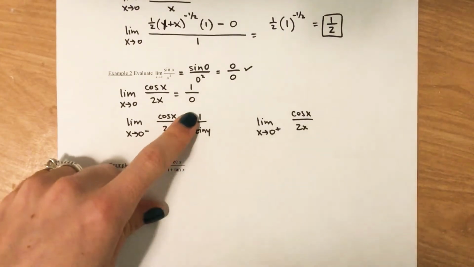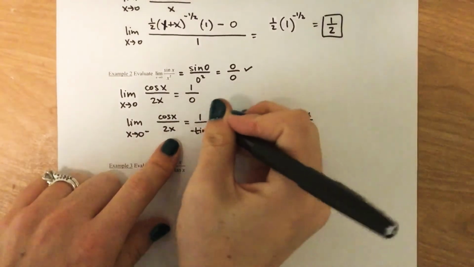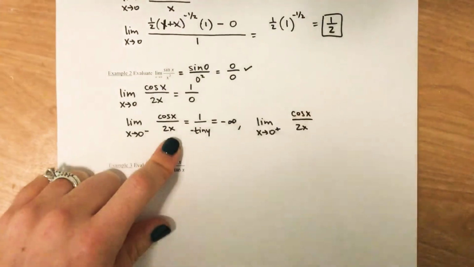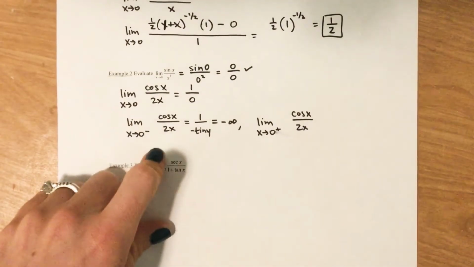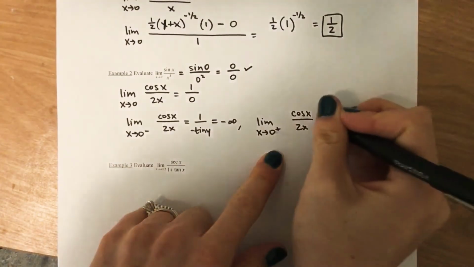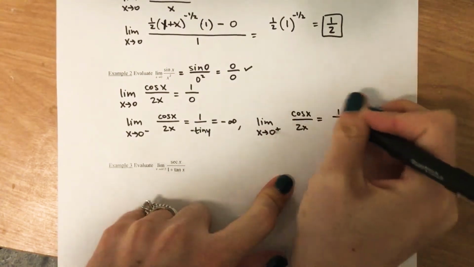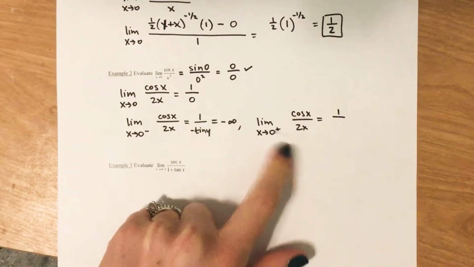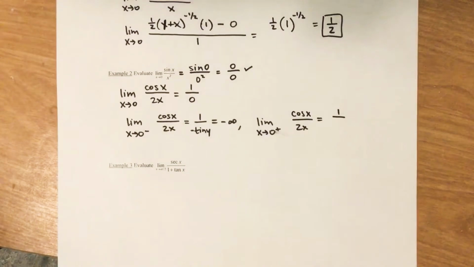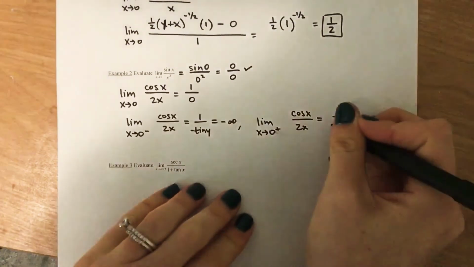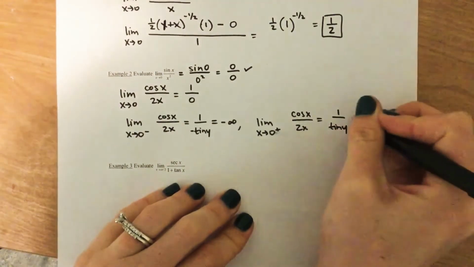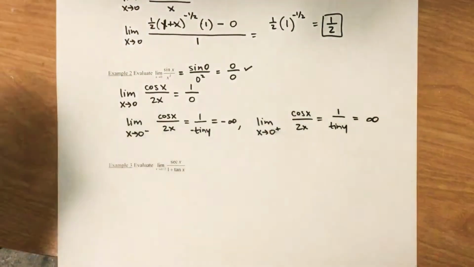So remember, a positive whole number over a negative tiny number is headed towards negative infinity. So that's the first half, that's the left half. The right half, when I plug in 0, my numerator is still awfully close to 1. And then if I plug 0 into the denominator, 2 times a positive tiny number ends up being a positive tiny number. So that is headed towards positive infinity.